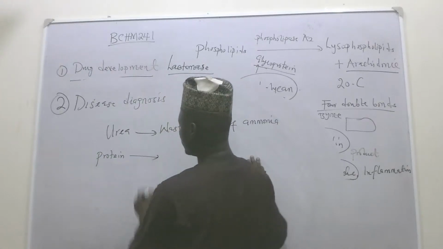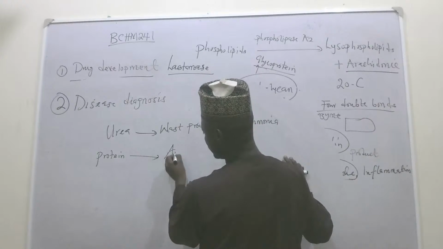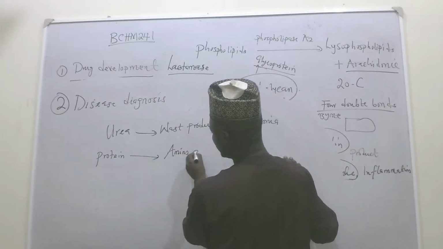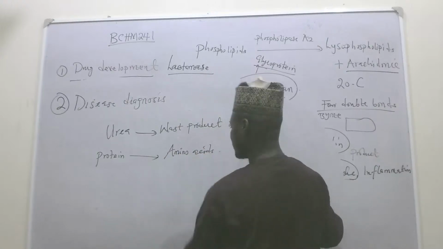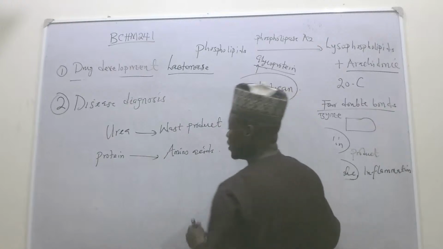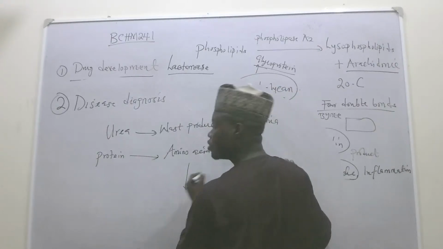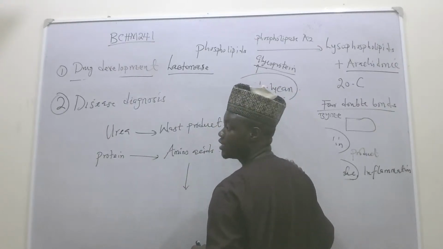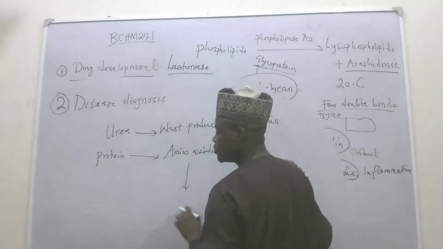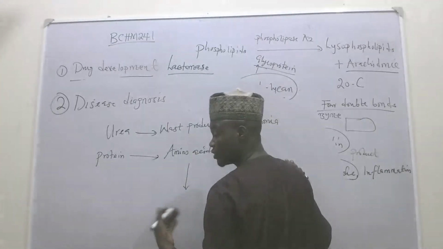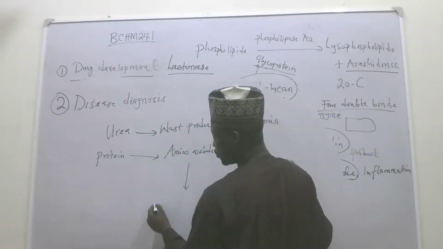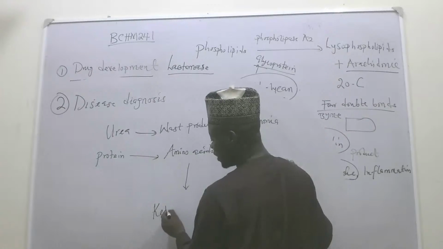And this protein will be digested into amino acids. Look at it, ladies and gentlemen. Protein will be digested into amino acids. And then this amino acid, through oxidative decarboxylation and also through oxidative deamination, will produce keto acids.